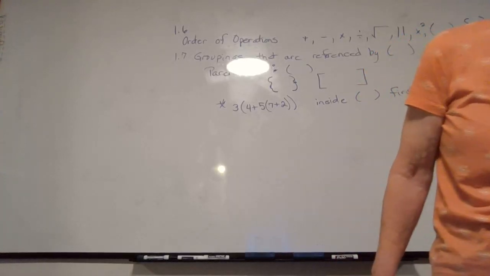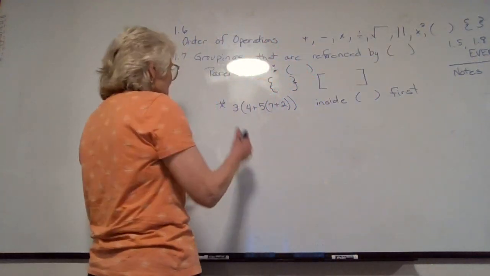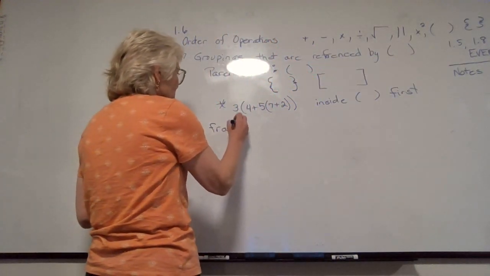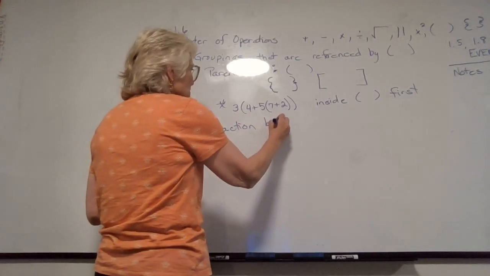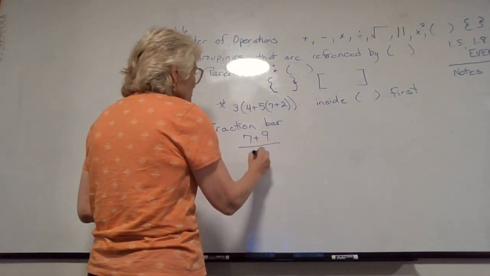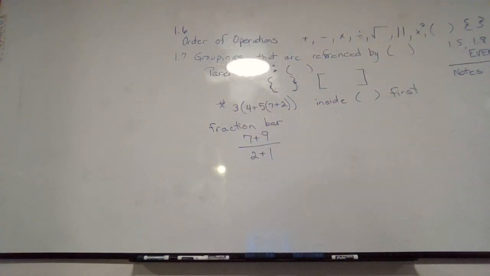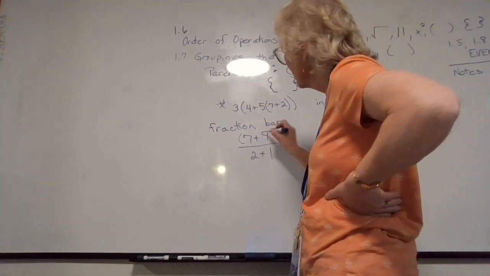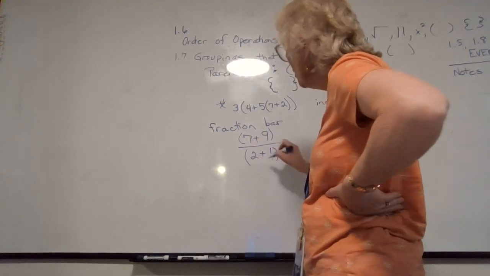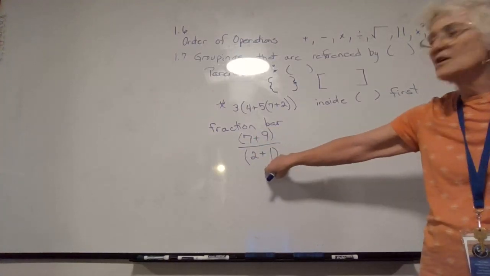Okay. The other one that we use a lot is our fraction bar. So if we have something like 7 plus 9 over 2 plus 1, that fraction bar acts as if there's parentheses on the top and parentheses on the bottom. So really what this is saying is this. You have to do whatever's on top before I do the division, and I have to do whatever's on the bottom.